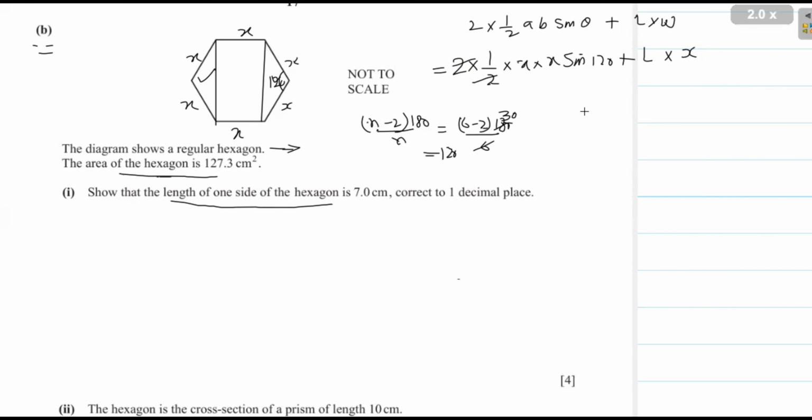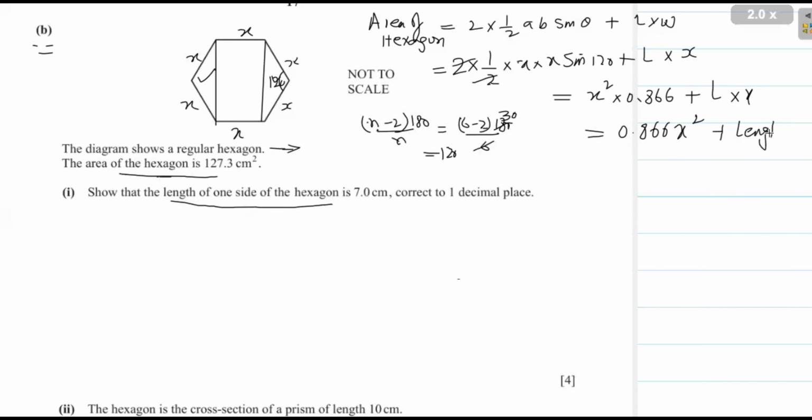Now we can write the area of hexagon will be equal to x square sine 120, that will be equal to 0.866 x square plus L into x. For next, we can calculate this length L.